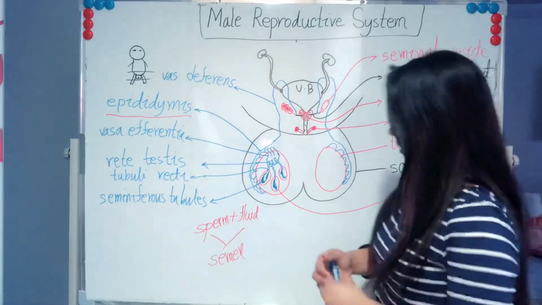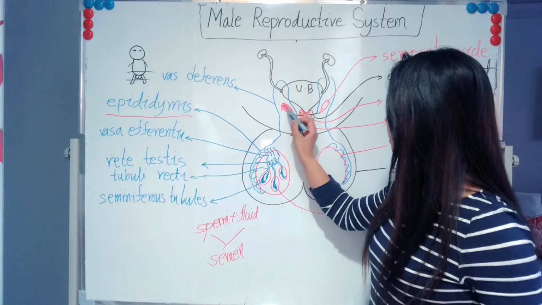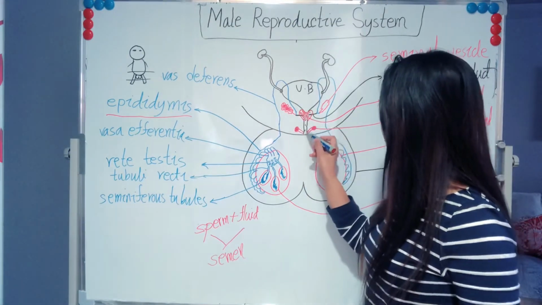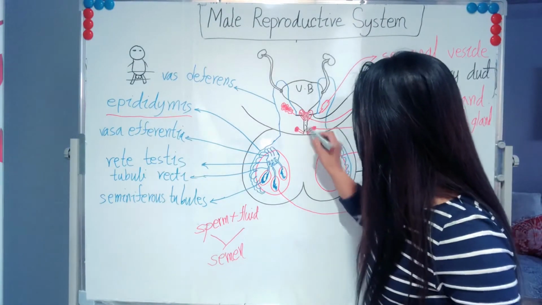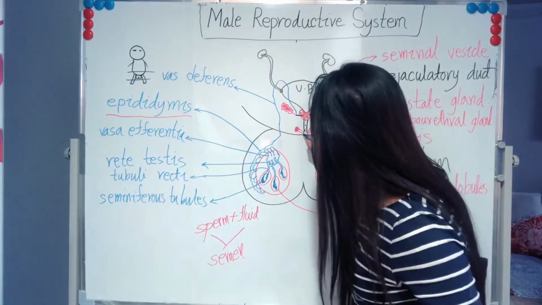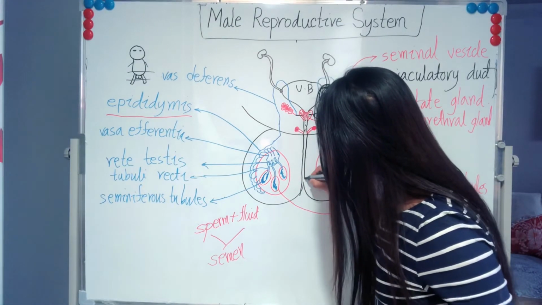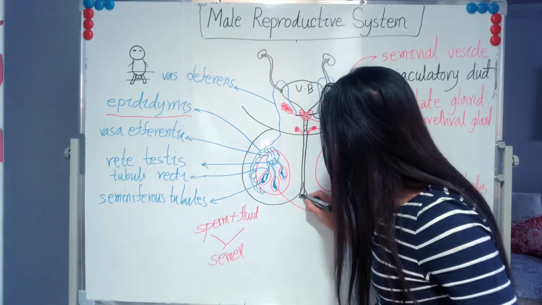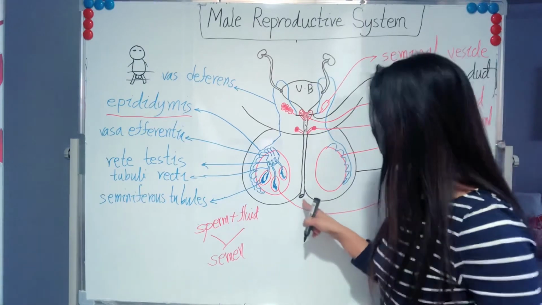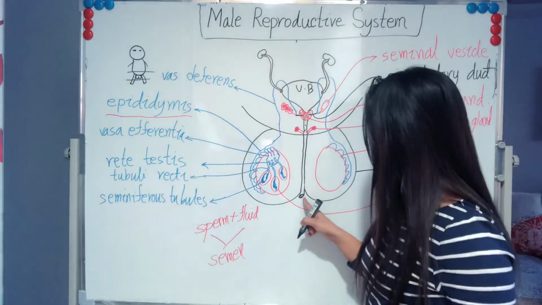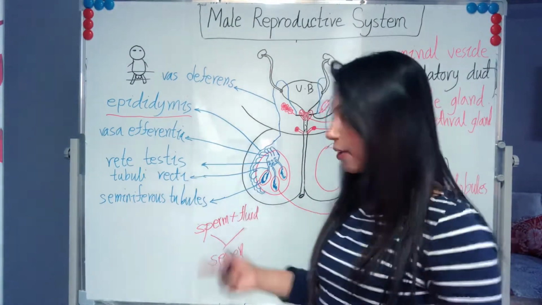Now the sperm, seminal vesicle secretion, prostate gland secretion, and bulbourethral gland secretion all together come into this urethra. Through the urethra urine goes out of the body and also semen goes out of the body. This opening is called urinary meatus or urethral orifice.